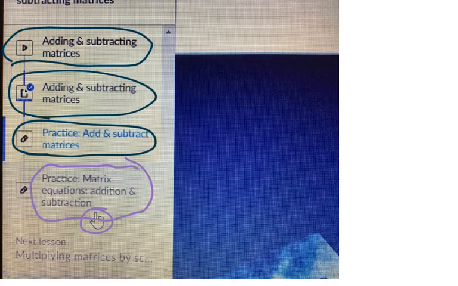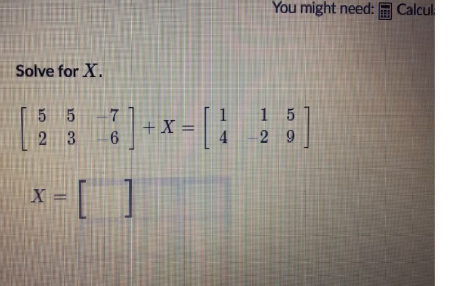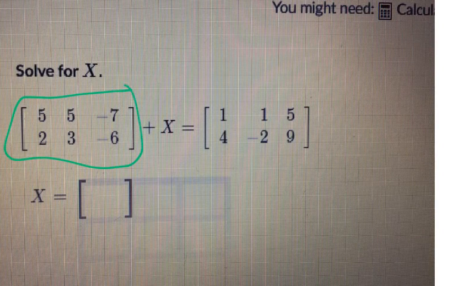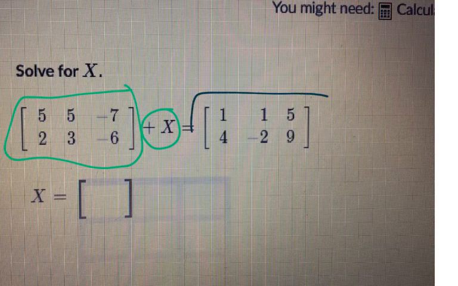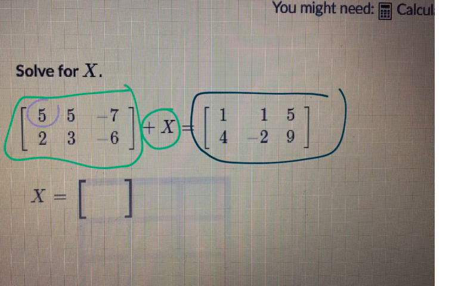Here we go. So, here's the first problem that came up. They're telling us that this matrix plus X, which is another matrix, together equal this matrix. Now remember guys, what that means is 5 plus something here equals 1, right?